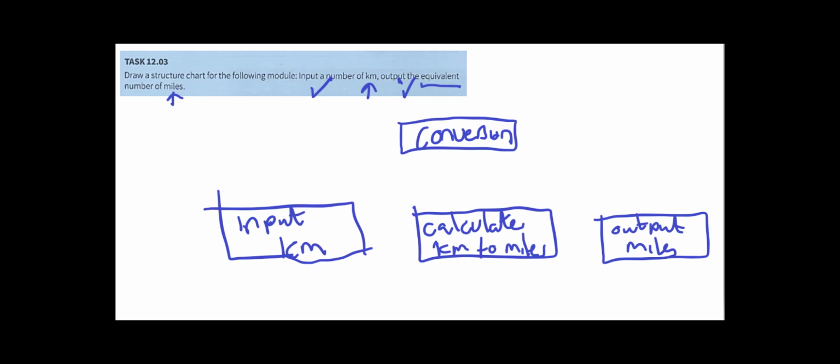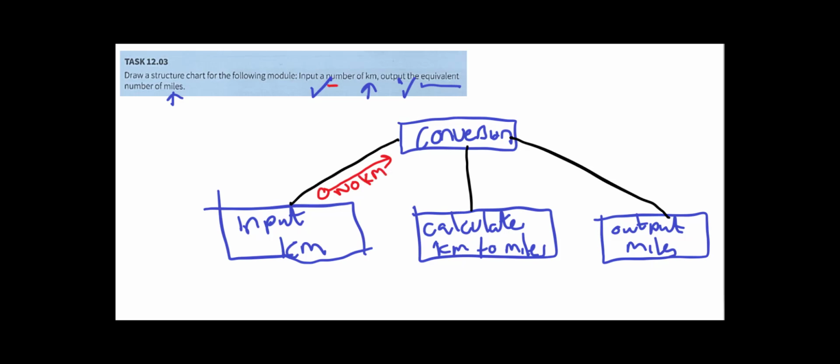Okay, so now what we want to do is show the flow for different variables. Before we do that, I'm just going to draw my lines. So the variables we should have got would be our first one being number, so I'm going to do NO of kilometers, so km.